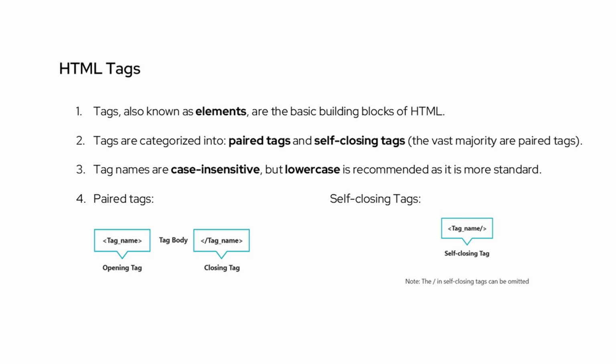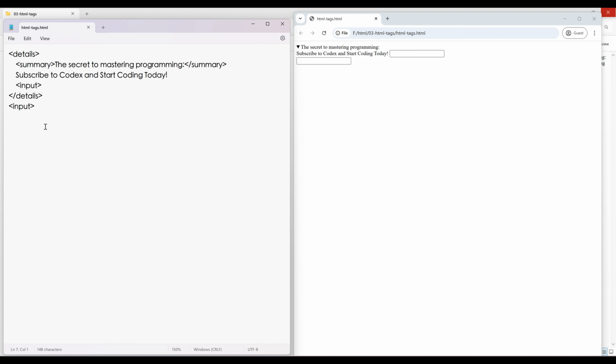Also, for self-closing tags, we can write them more elegantly. How so? Well, for paired tags, I have an opening tag and a closing tag. But for the input tag, doesn't it feel like it only has an opening tag but lacks a closing tag? It feels a bit awkward, right?